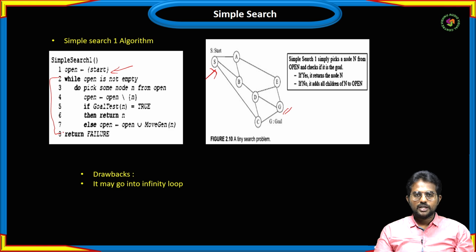The second statement is the while loop condition, and the eighth one is the fail condition. Statements 3, 4, 5, 6, 7 all come under the while loop, which will be executed until open is empty.